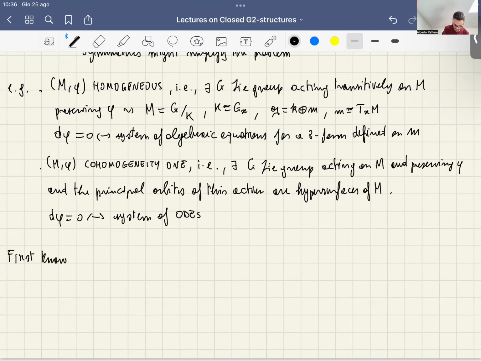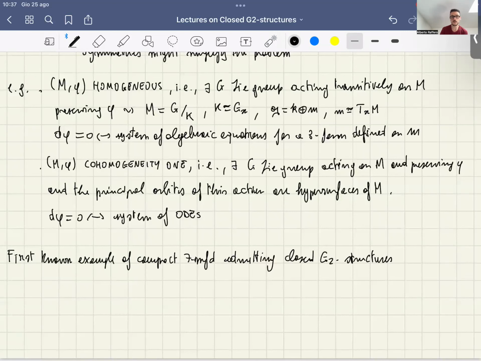So the first known example in the literature of a compact 7-manifold admitting closed G2 structures, and actually no torsion-free G2 structures, was obtained by Marisa Fernandez in 1987.